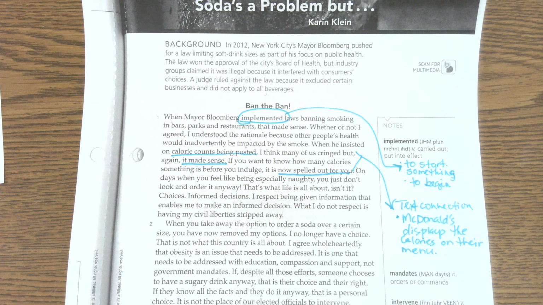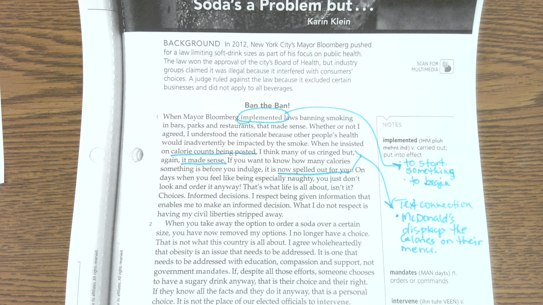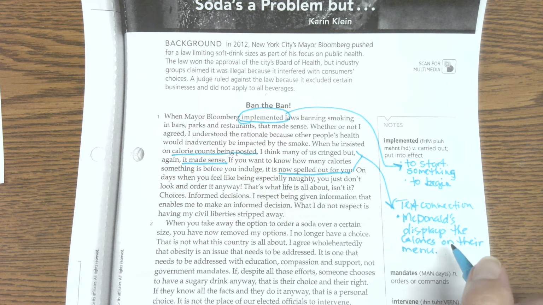It was just you got a Big Mac and you put all those calories in and you didn't really care. And now they have those out for the more health conscious people when that law passed. So again, there was another connection that we made, and some students wrote in there, Mrs. Line remembers when there weren't calorie counts on the menus.